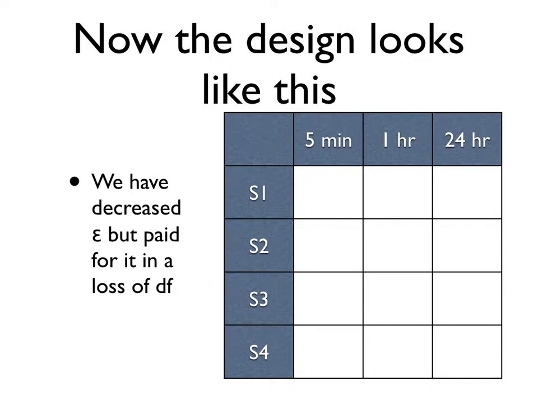Our new model is x equals mu, which stays the same, plus tau, which is the same, plus pi plus epsilon. So these are all the same, right?